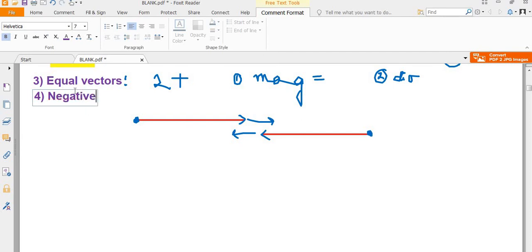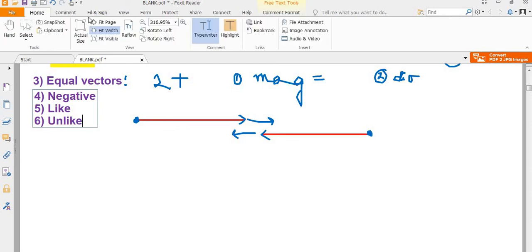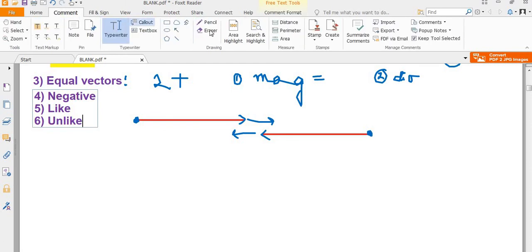Now, another thing is like vectors. What are like vectors? And we'll also be talking about unlike vectors. Let me write that down as well. Like vectors are vectors which move in the same direction, but they need not have the same magnitude. A vector moving in this direction, another vector moving in this direction, they are all moving in the same direction, so they are all like vectors.